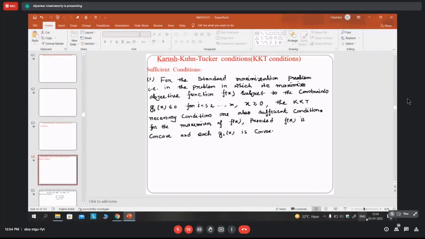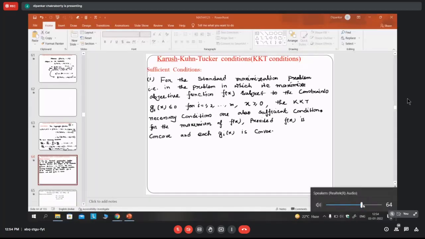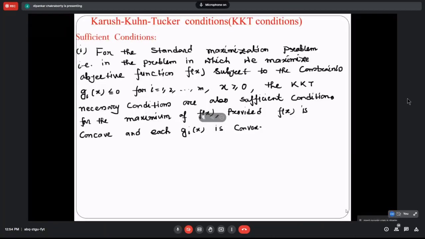Am I audible to you? So please answer. What is the meaning of that, KKT necessary conditions are also sufficient conditions? Anyone?